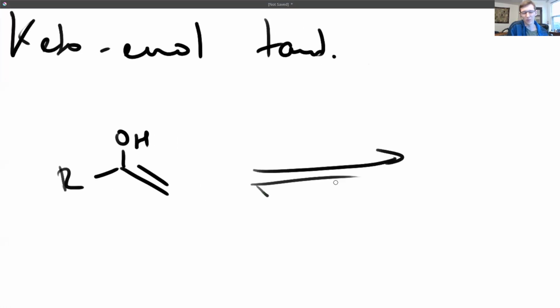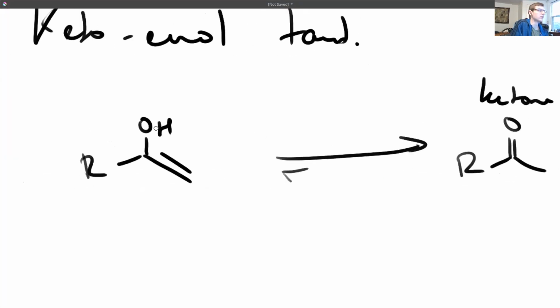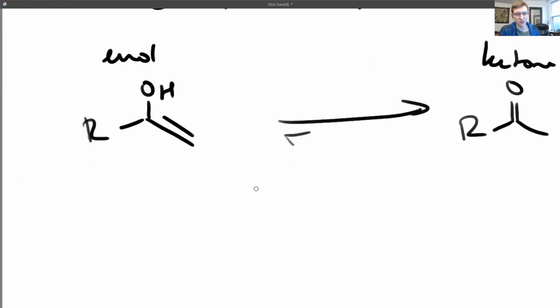There really is an equilibrium, but it's really, really in that direction. And this can happen under acidic or basic conditions.